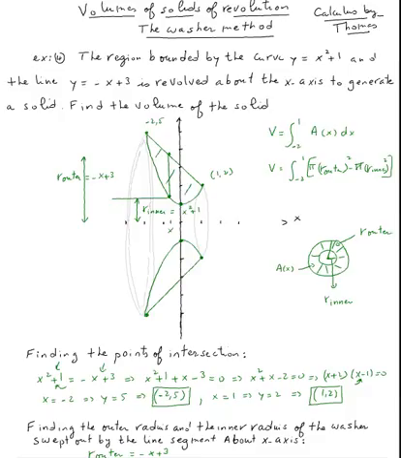In other words, we did the reflection of the whole region with respect to the x-axis, and then revolving it, it's going to look like a ball cut off at x equals 1. And that's it for this example.